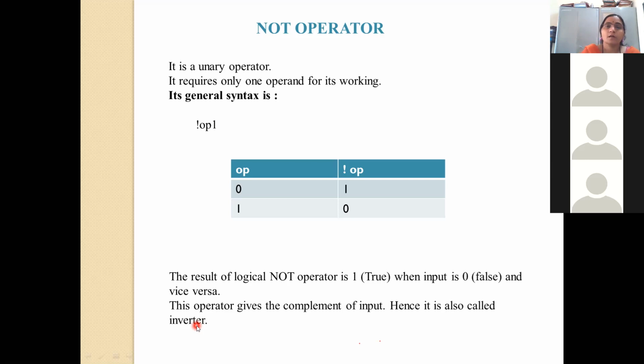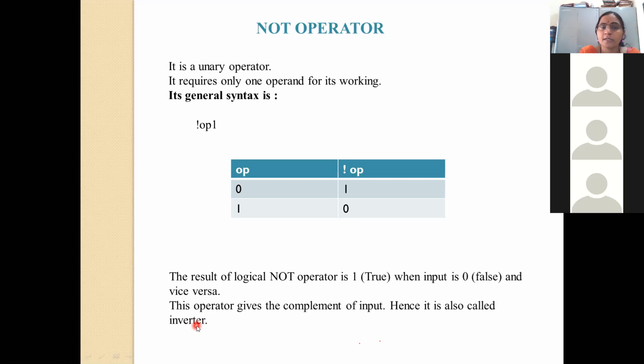Okay, we stop here. In today's lecture, we learned about the arithmetic operators, relational operators, and logical operators. Out of these three categories, the arithmetic operators are binary operators, relational operators are also binary operators, and logical AND and logical OR are also binary operators, because all of these operators require two values to perform their operation.